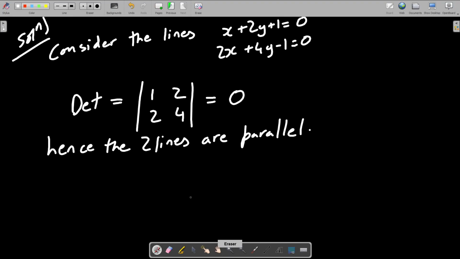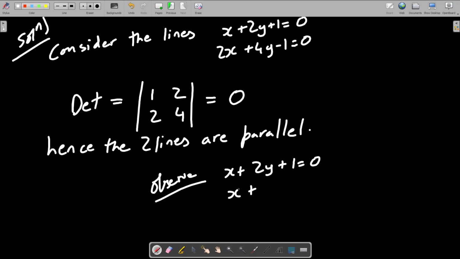Observe this part in the second line. The first line is x plus 2y plus 1 is equal to 0. The second line can be written as x plus 2y minus half is equal to 0. What I have done, I have divided both sides by 2.